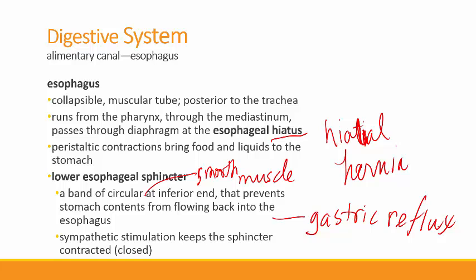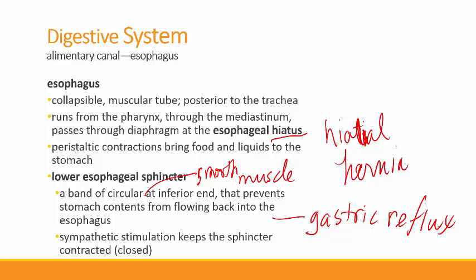But as that sphincter loses the ability to constrict as we age, or with eating a really large meal, it can't constrict as well, and that allows fluids from the stomach to reflux back into the esophagus. The esophagus is nowhere near as protected from the acidic contents of the stomach as the stomach lining is, and so it can be damaged very easily.